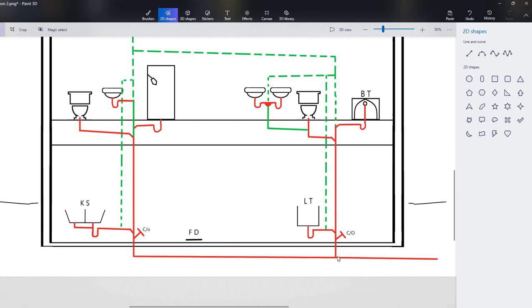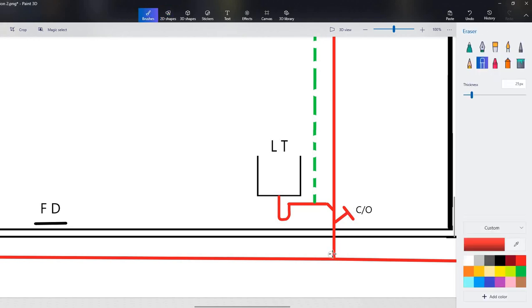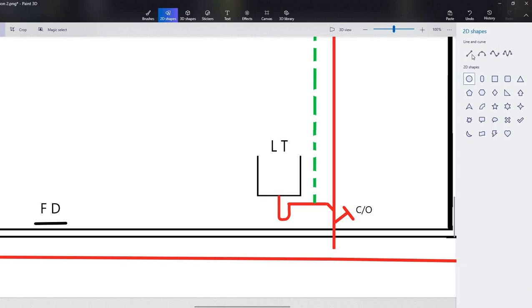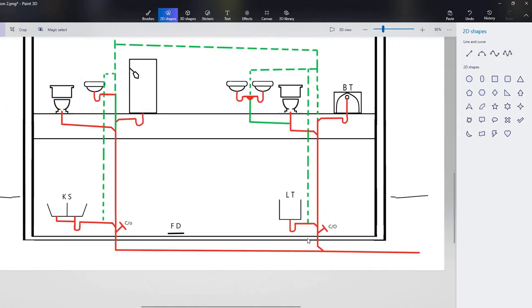Now there's something wrong here. We can't make this connection here. We have to add a Y connection. So let's erase this and add our Y like so. Because remember, we cannot use a TY in underground drainage pipe like that. So there's our Y connection, and here is our main drain.